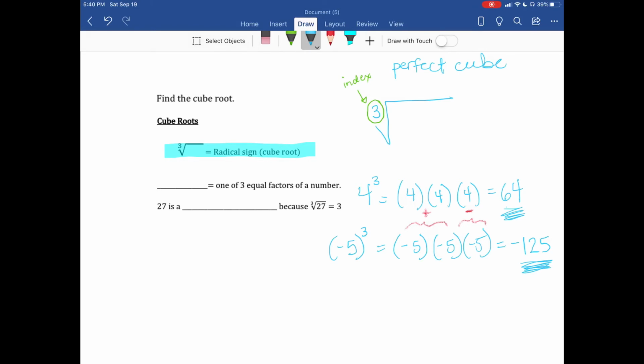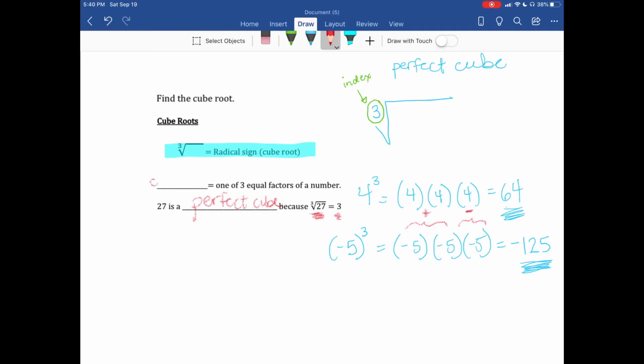So we are now bringing in our perfect cubes and our cube roots. So let's fill this in and then do a couple of Desmos examples, and then you'll try a couple on your own. So 27, similar to what we did previously, is a perfect cube because the cube root of 27 is 3.